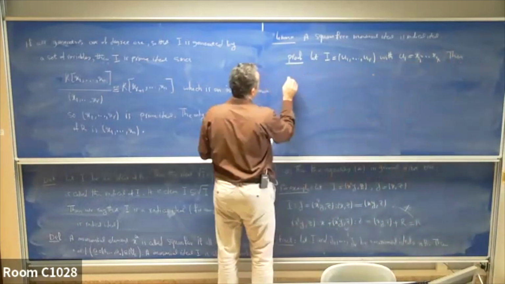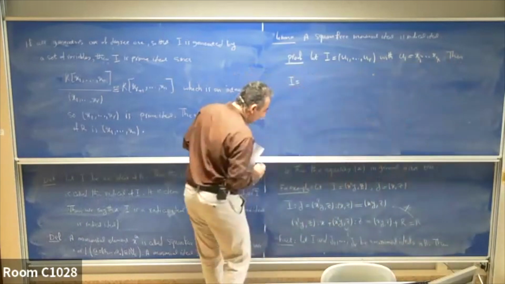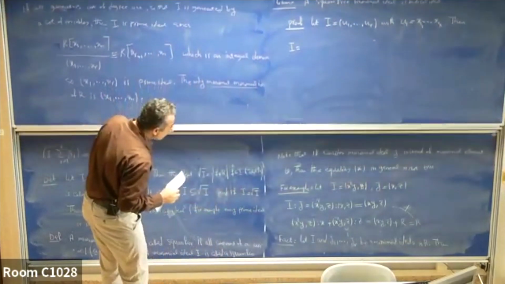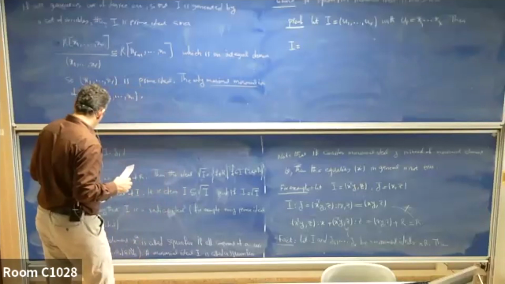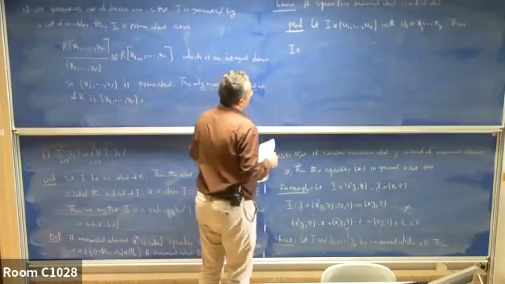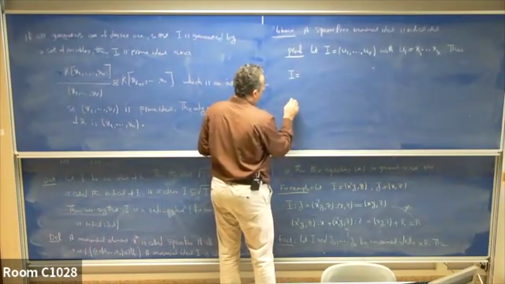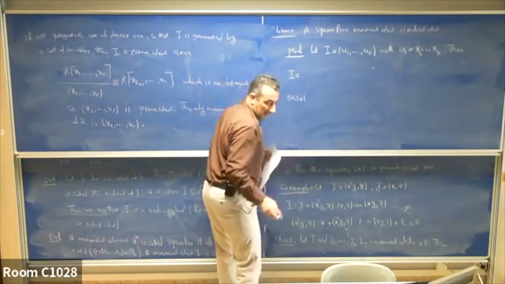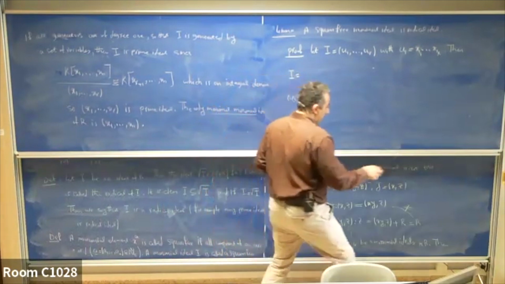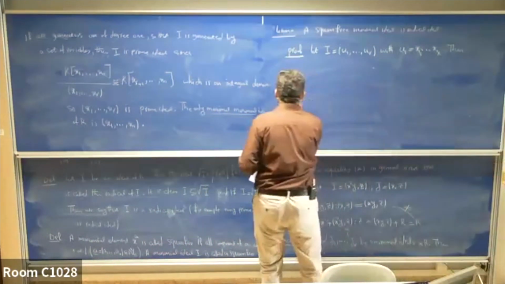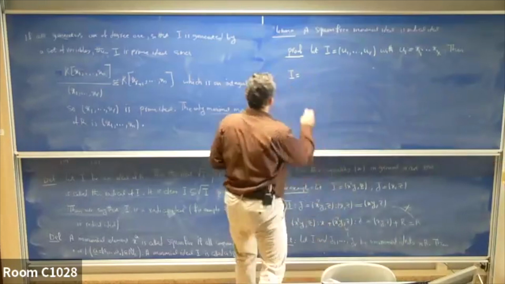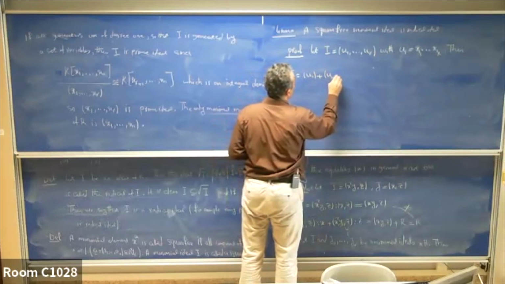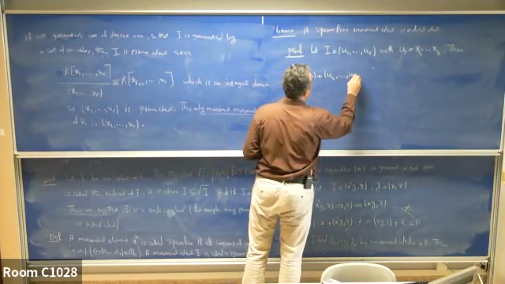I is equal to, using the Mayer theorem, (u1) plus (u2, ..., ur). Let me write for simplicity.